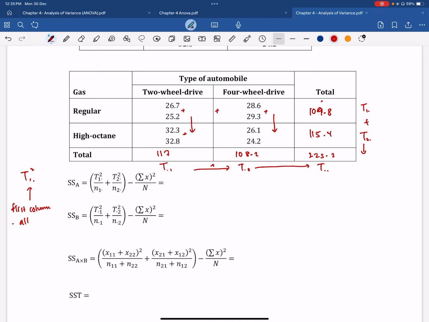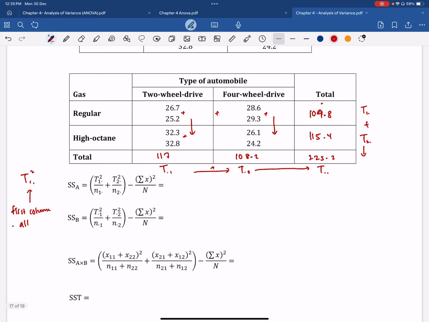All right, now we will start calculating SSA. How do you calculate SSA? T1 dot squared, so 109.8 squared over N1 dot. How many N in the first row? 1, 2, 3, 4.